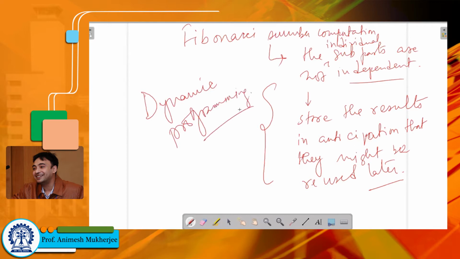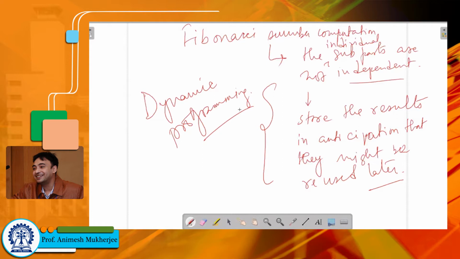As you can immediately realize, here you have smaller solutions which you keep on combining continuously to get a larger solution, and you keep on doing this until you have solved the entire problem.